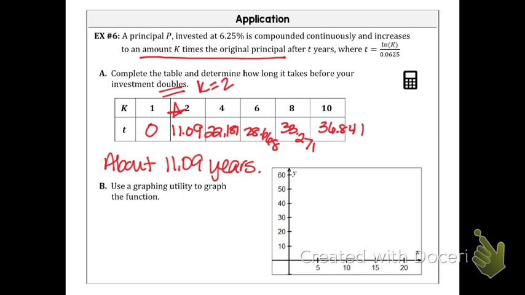And use a graphing utility to graph the function. So just plotting those points. There's my graph.